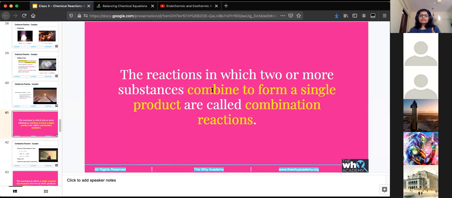Two or more things combine to form a single product. So on the LHS you need to have many things. On the RHS there needs to be only one thing. It means that whatever many things are there, they all joined to form only one thing. So that's a combination reaction. Okay.